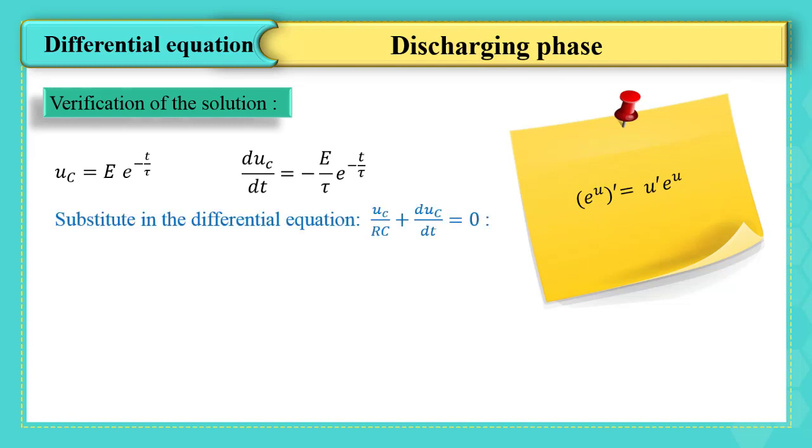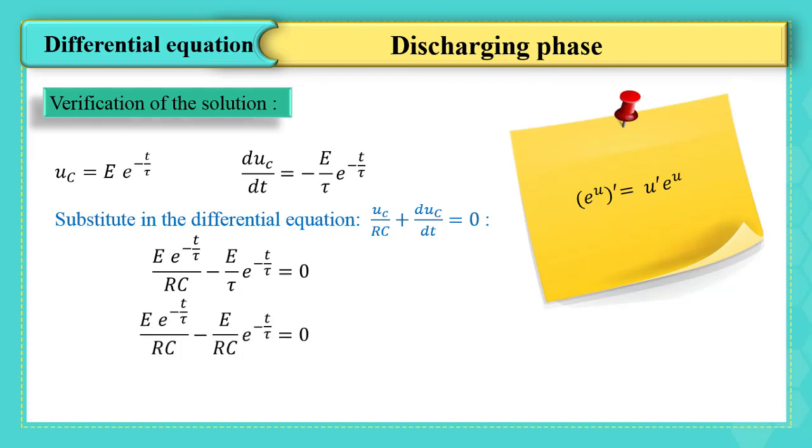By substitution, the differential equation becomes E exponential minus t over tau over RC minus E over tau exponential minus t over tau equal to 0. By replacing tau by RC, we obtain E exponential minus t over tau over RC minus E over RC exponential minus t over tau equal to 0, which is equal to 0 by subtraction. Then the equation is verified.